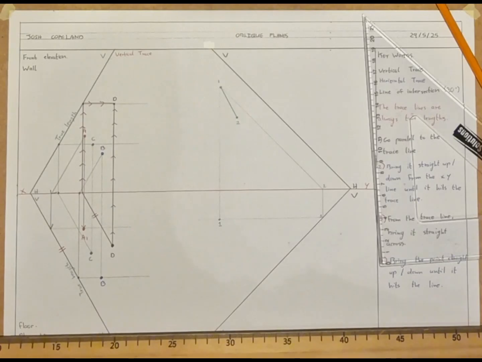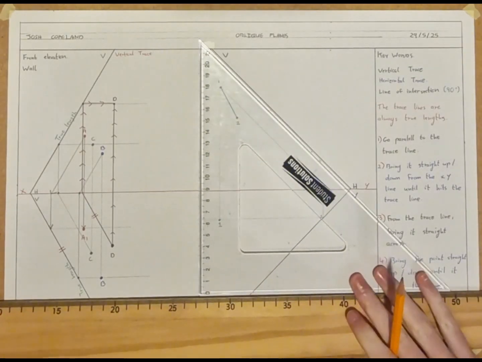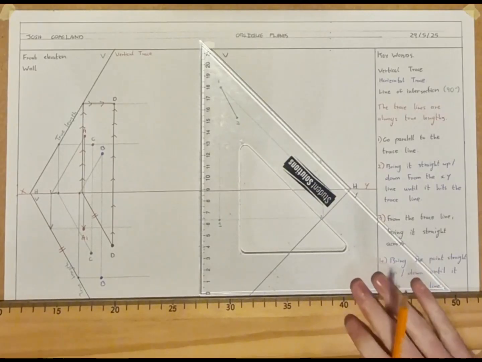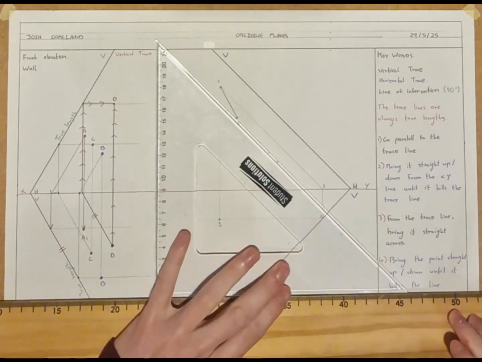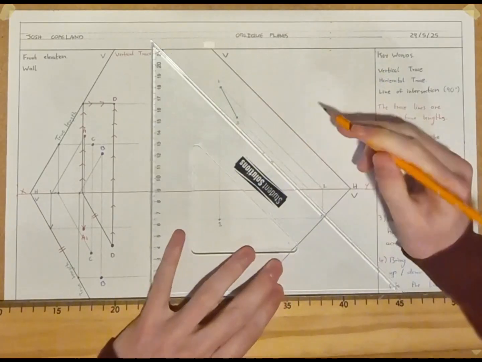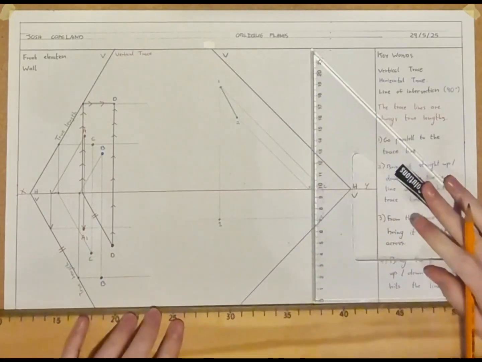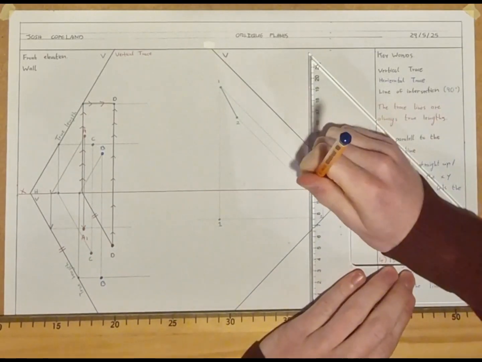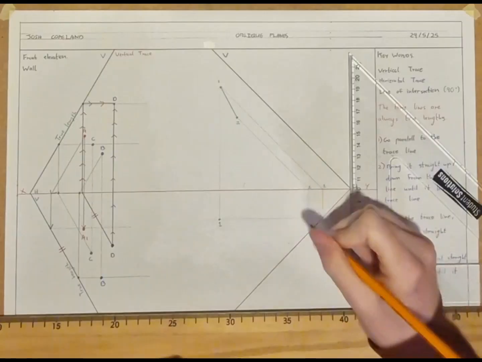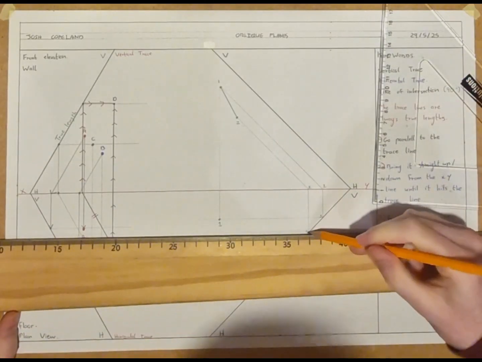Now we're going to do the exact same thing for point number 2. We're going to get our set square, offer it up to the trace line, making sure that it's parallel. Bring point 2 down to the XY line, label it, bring it down to our horizontal trace, label it, and then bring it straight across.